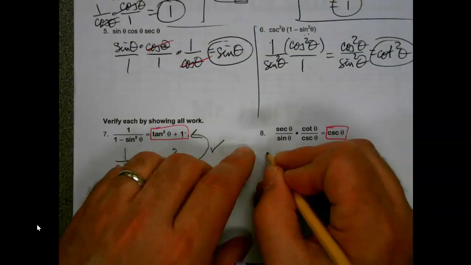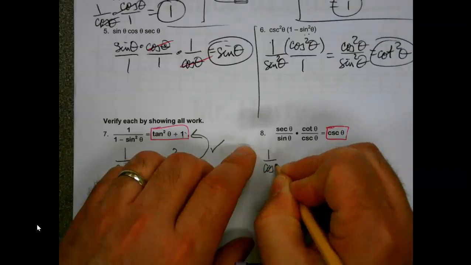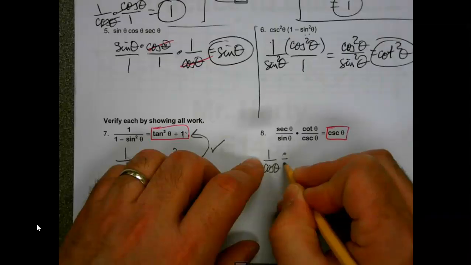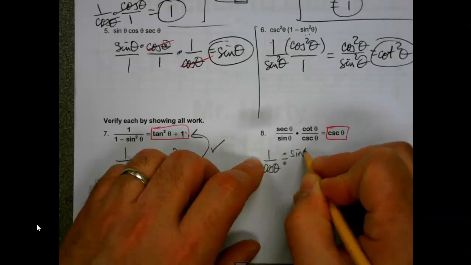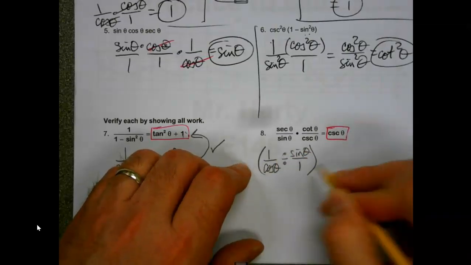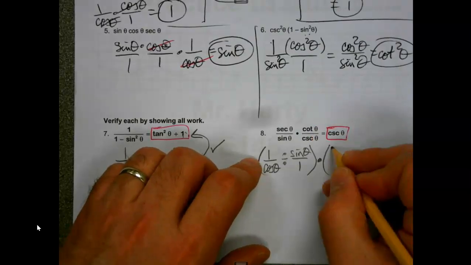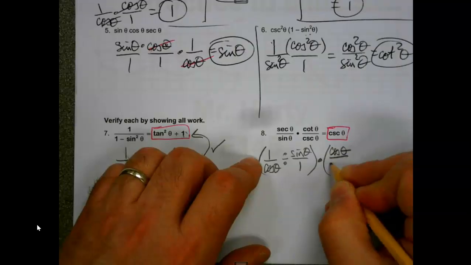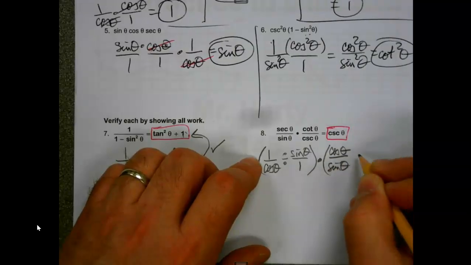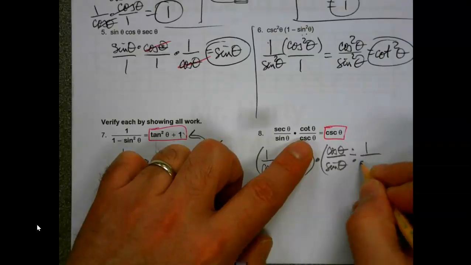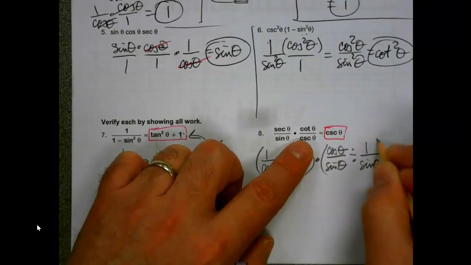Secant is 1 over cosine divided by sine. I'm just going to write this out. I don't want to change sign. Times cotangent is cosine over sine divided by cosecant, which is 1 over sine.